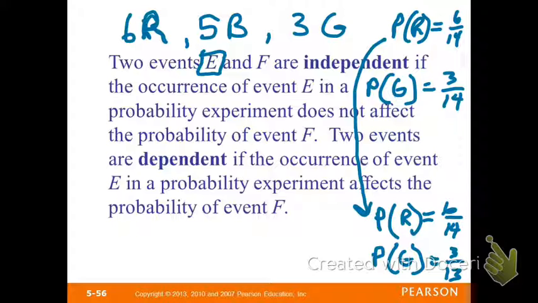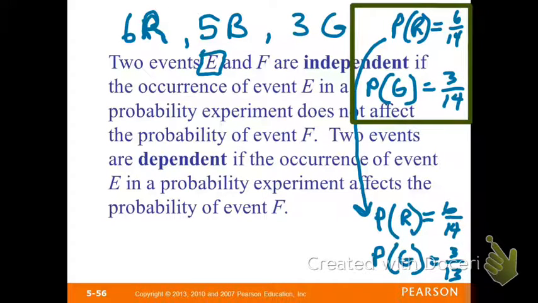So in the two instances that we look at, if we draw the red marble and replace it, put it back in the bag, then the probability of drawing a green is independent of drawing a red, because the probability of a green, if we drew green first, would be 3 out of 14. The probability of a green, if we drew green second, would still be 3 out of 14 if the first marble is replaced.